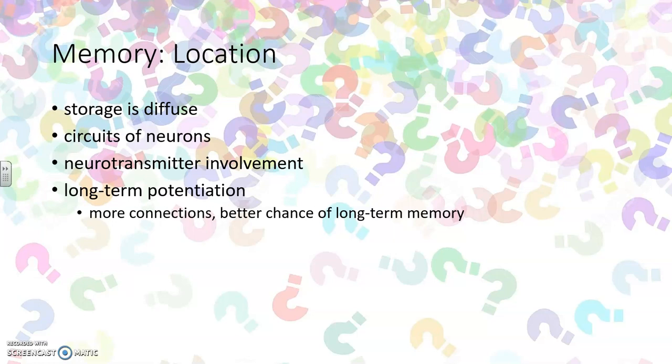We're going to talk about location a little bit, but we have different neurotransmitters that are involved, different places that are being used depending on whether it's short-term or long-term memory. But the more connections you make, the better chance it's going to go into long-term memory. So we're going to talk about that in a second.